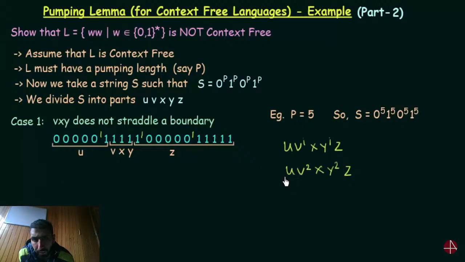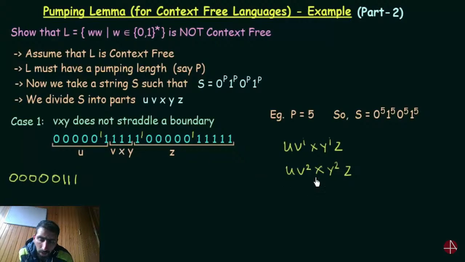So first let's see, we have U, and what is our U? U is 0 0 0 0 0 1. Till here it is U. So let me write it down. 1 2 3 4 5, and this one over here. And then I have my V over here. What is V? This one here, it is V. And now V is raised to the power of 2. That means I have to write it 2 times. So this one I have to write it twice. 1 2.